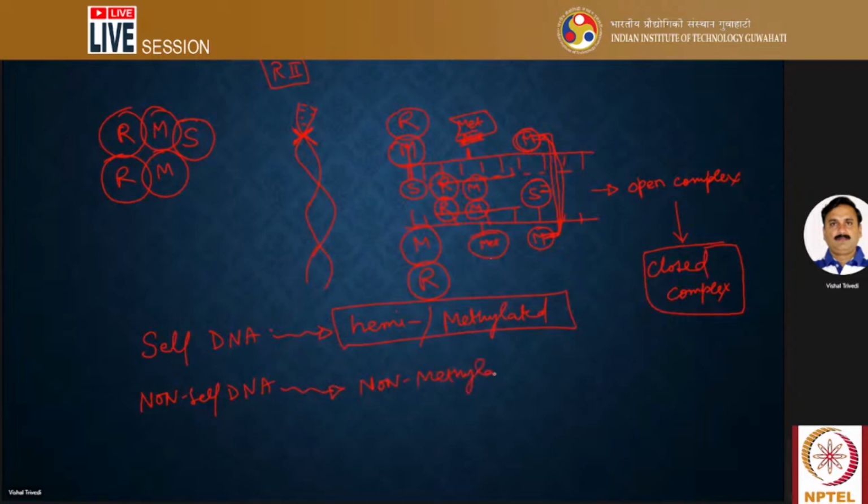Once it is non-methylated, it is going to be sensitive to the restriction enzyme activity, because they are non-methylated, so they cannot stop the entry of the restriction subunits, the R subunit, into the DNA, and that's how it cannot stop the restriction enzyme from forming the closed complex. Is it clear, Priyank?